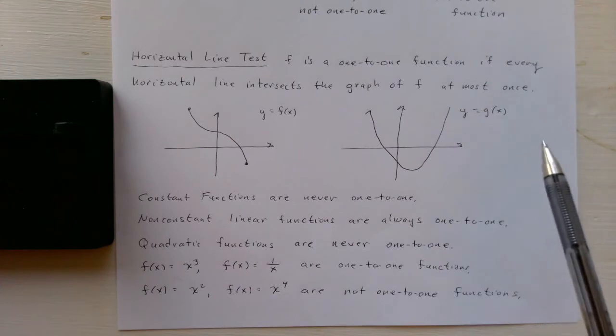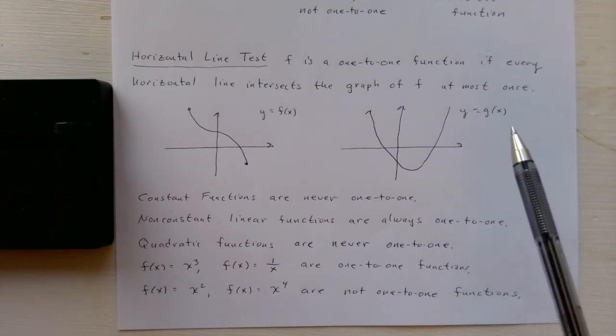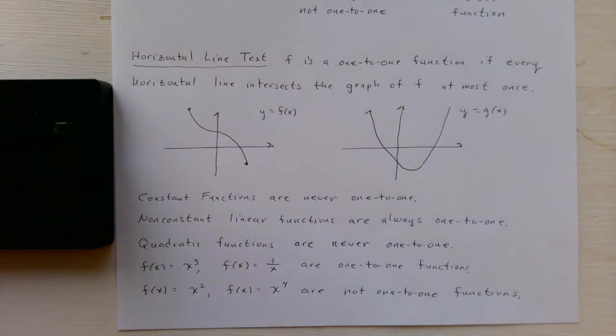If you just look at the graph, we have an analog to the vertical line test, which is the horizontal line test, which says f is one-to-one if every horizontal line intersects the graph of f at most once. It's the horizontal line, not the vertical line. The vertical line test tells you if something is a function. The horizontal line test tells you if it's one-to-one.